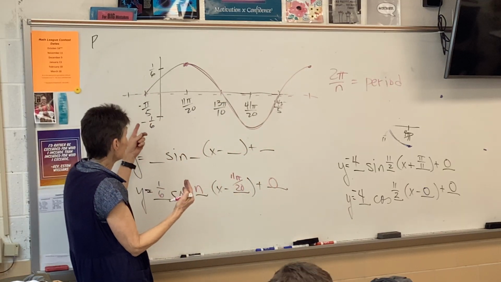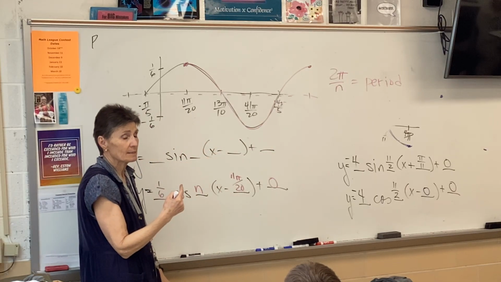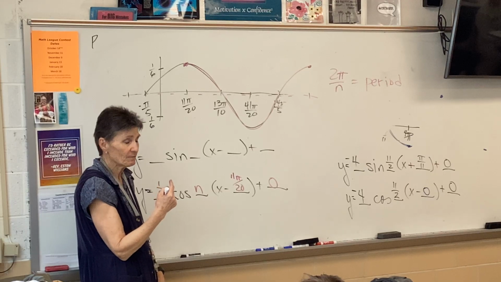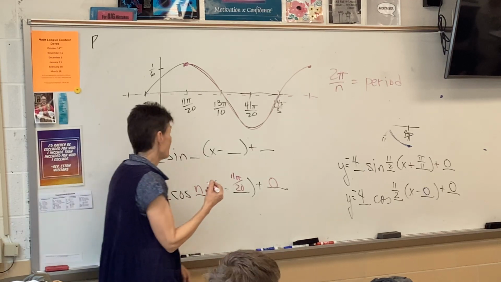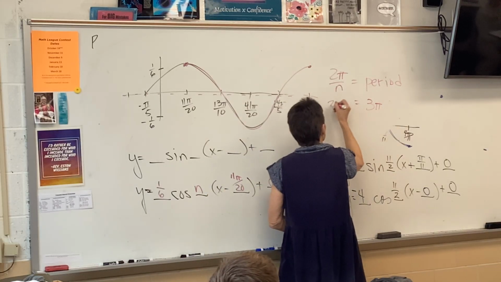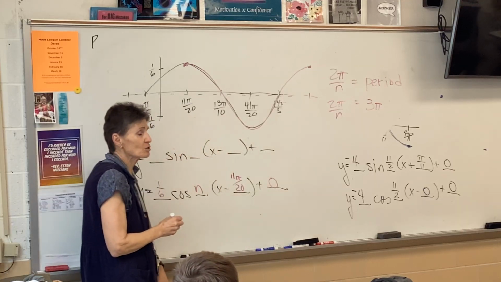So -1 to 14 is how far? 15/5. And 15/5 is 3 pi. So my period is 3 pi. So 2 pi divided by something has to be 3 pi.